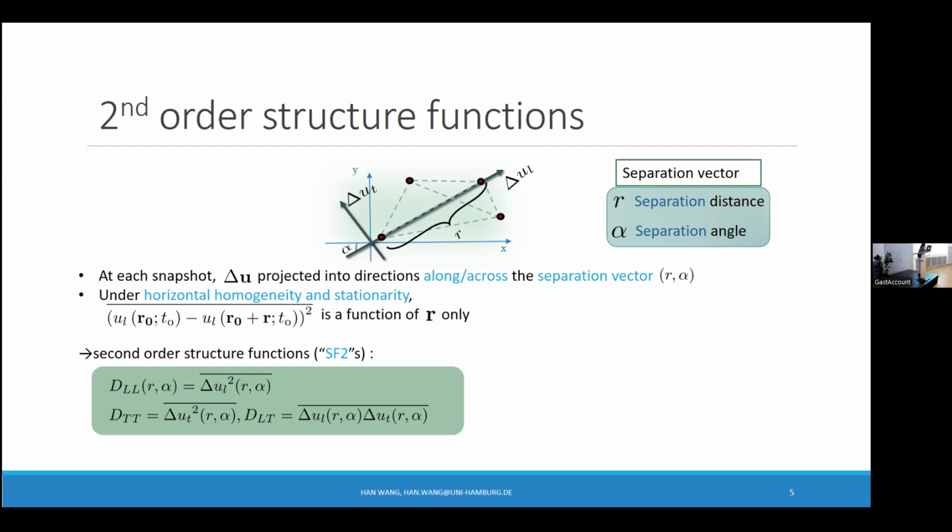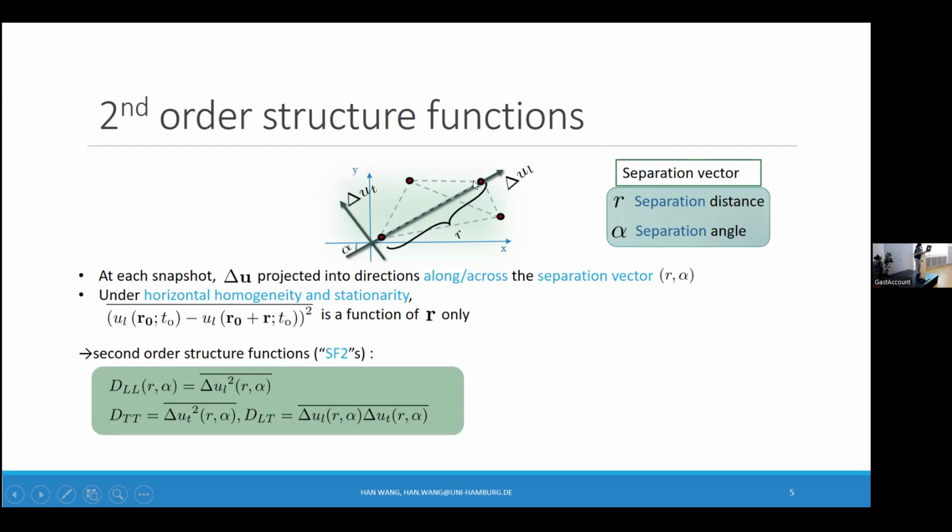Alexa introduced them yesterday already, and it doesn't hurt to repeat. So the definition is the following. Suppose at a certain snapshot, we have 4 drifters denoted by these 4 red dots. Then the first thing to do is to find all the possible pairs from these 4 drifters.